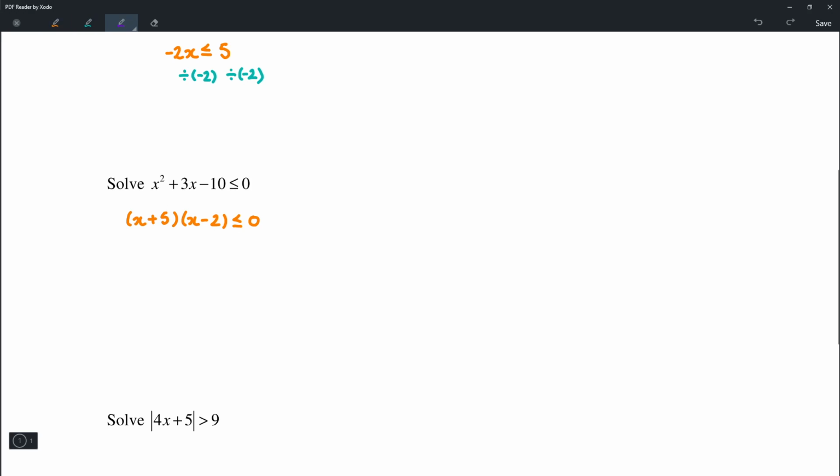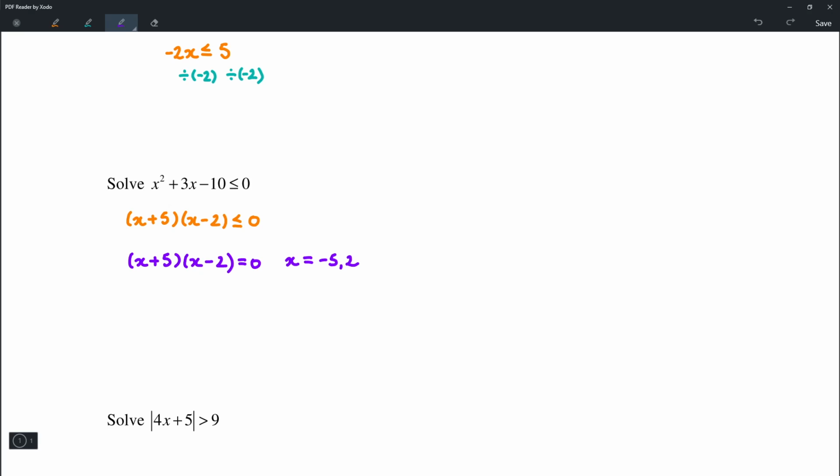We are going to look at the associated equation, (x plus 5)(x minus 2) equals 0, and the solutions are x equals negative 5 and 2.